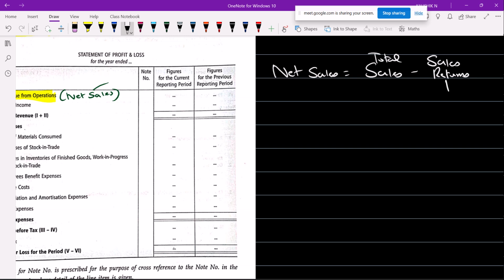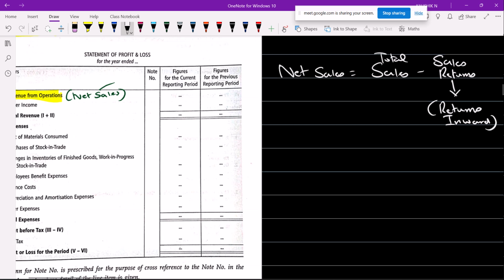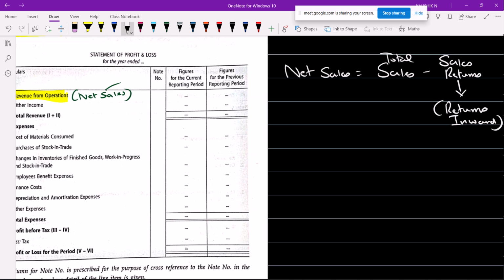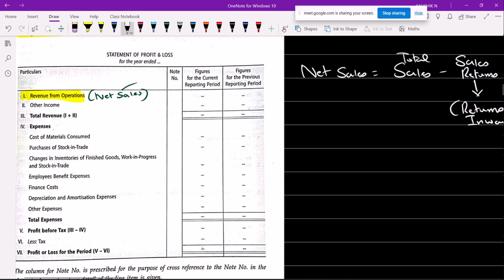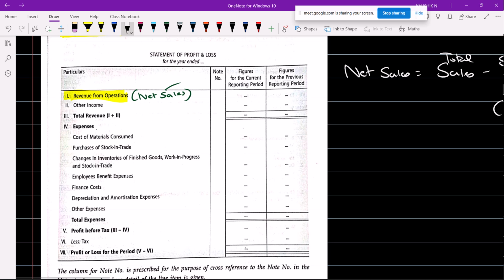What is the other name of sales returns, Kana? Returns inward. Very good. Returns inward. So net sales is total sales minus sales returns, or total sales minus returns inward. This is how you'll get the first item called revenue from operations.